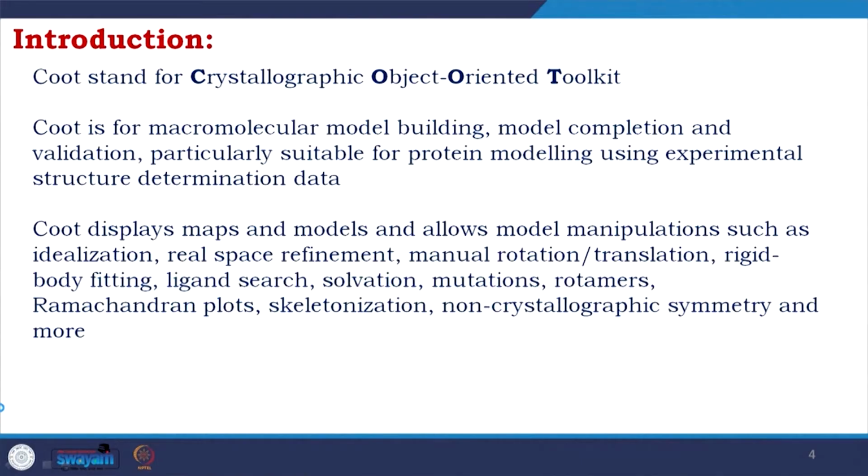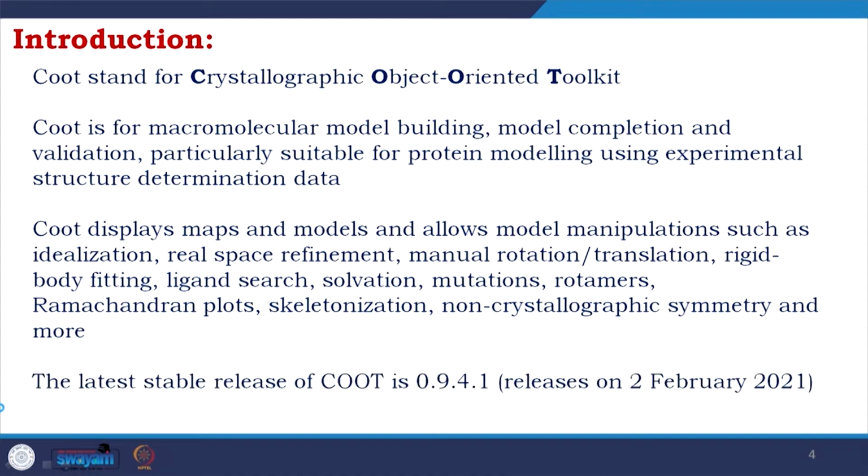COOT displays maps and models and allows model manipulations such as idealization, real space refinement, manual rotation, translation, rigid body fitting, ligand search, solvation, mutation, rotamer, Ramachandran plot, skeletonization, non-crystallographic symmetry and much more. The latest stable release of COOT is 0.9.4.1, which was released on 2nd February 2021.